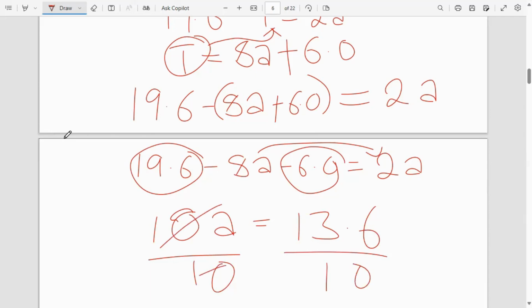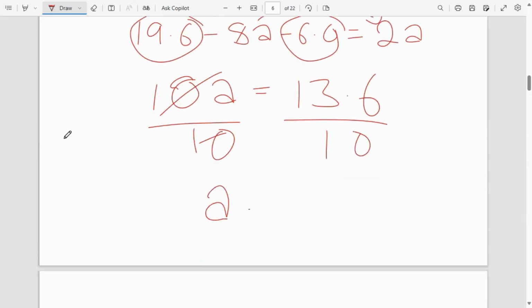Cancel out the 10 there. I'm remaining with A, which is the acceleration, being equal to 1.36 meters per second squared.